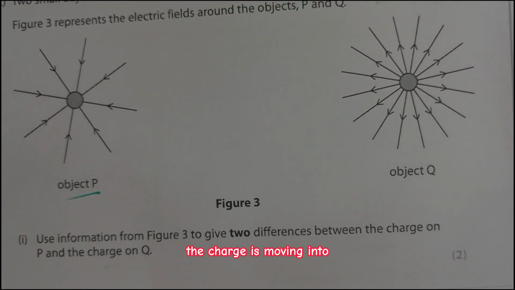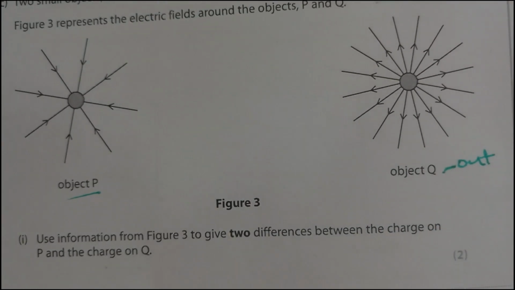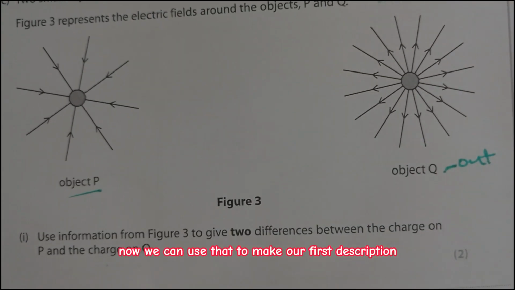Looking at our figure, we can see that one, on object P, the charge is moving into the paper, and in object Q, the charge is moving out of the paper. Now, we can use that to make our first description.